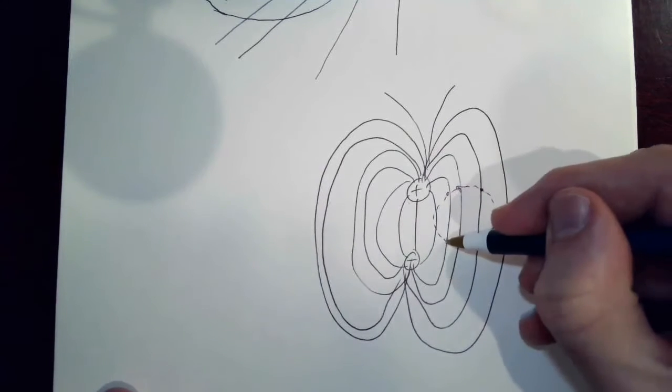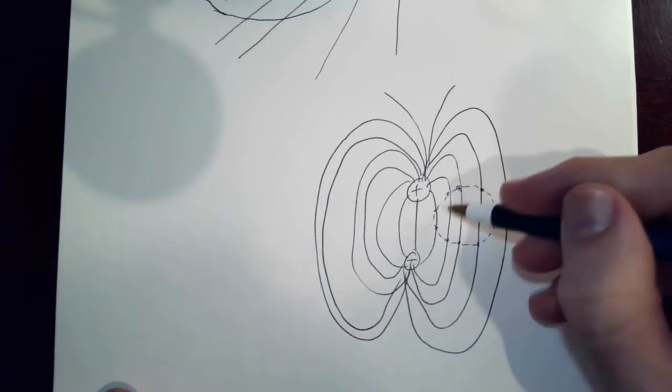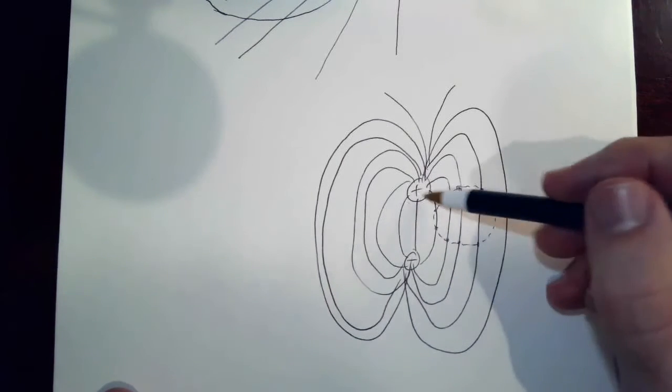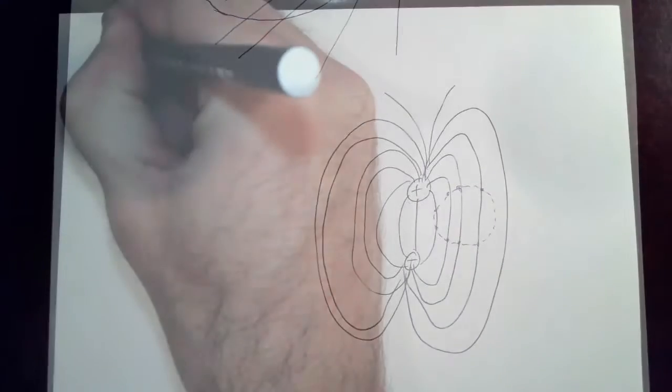So the net flux through the surface is zero because there are no charges contained inside. The charges all are outside, and these charges outside do not contribute to the flux through the surface.